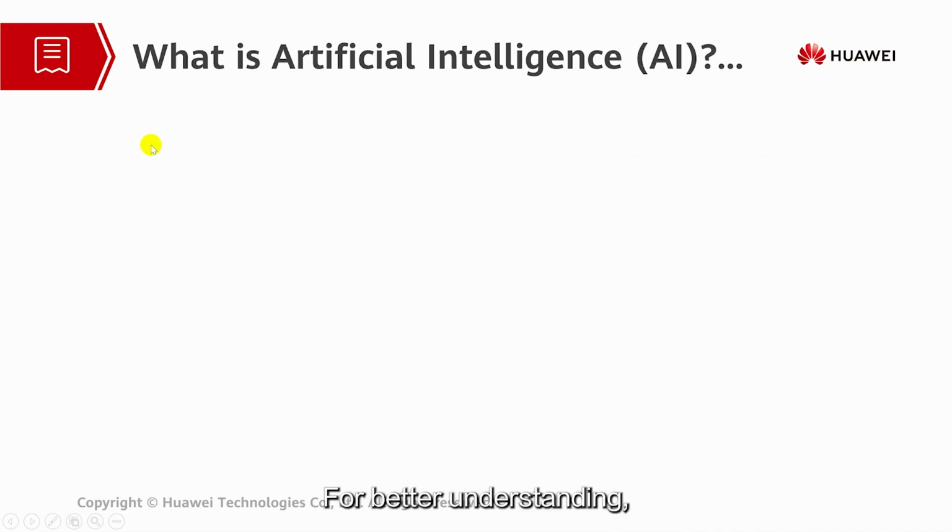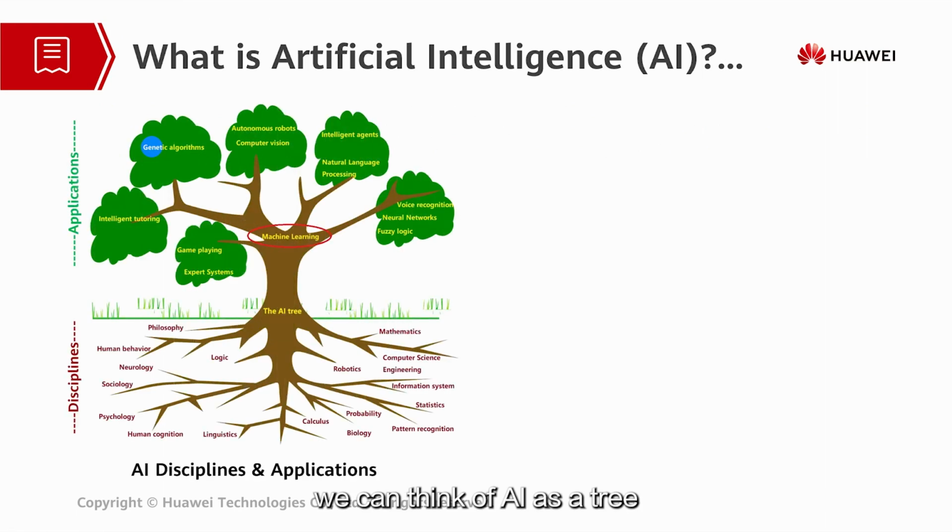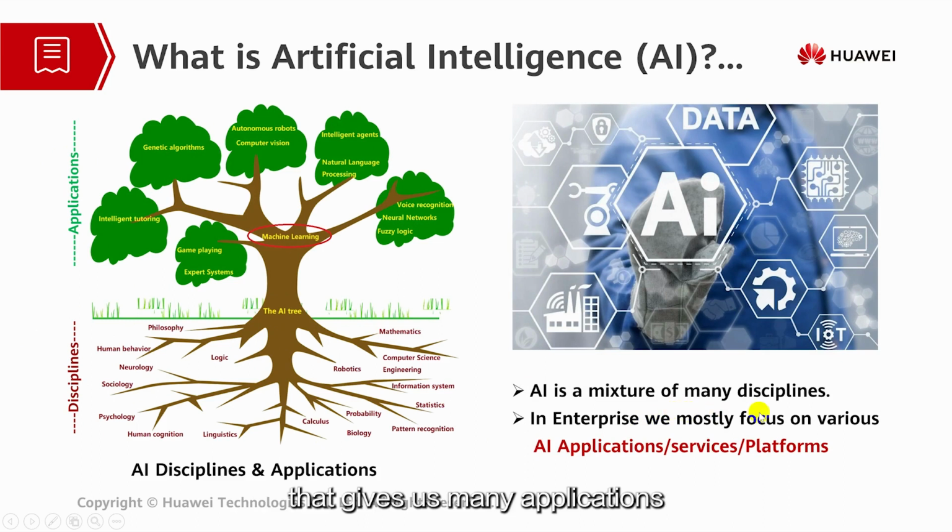For better understanding, we can think of AI as a tree with many traditional disciplines, their theories, and techniques at the root of the tree, on top of which are various applications. In short, AI is a mixture of many disciplines that gives us many applications or tools to solve our problems better.